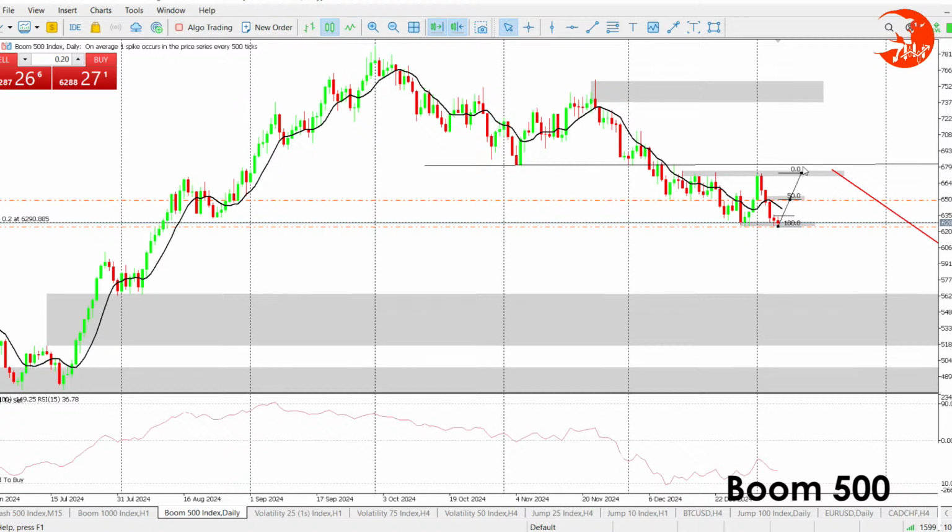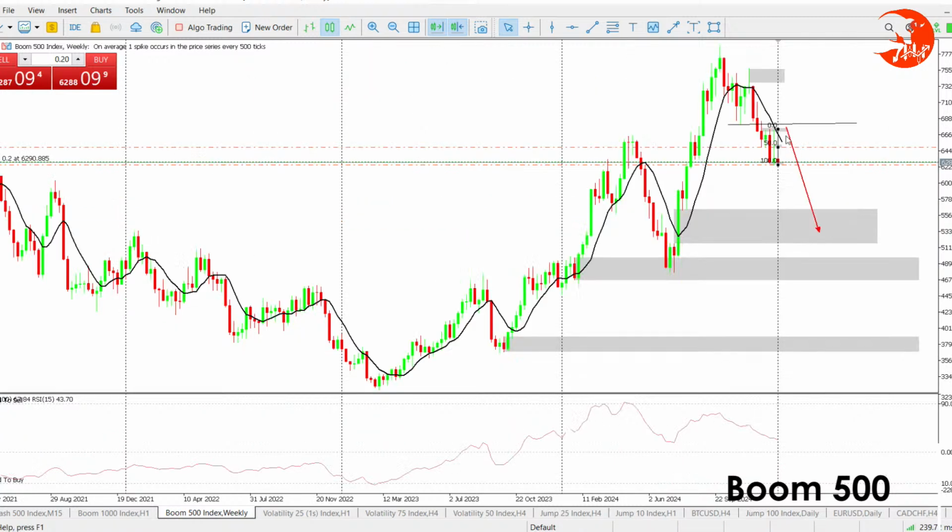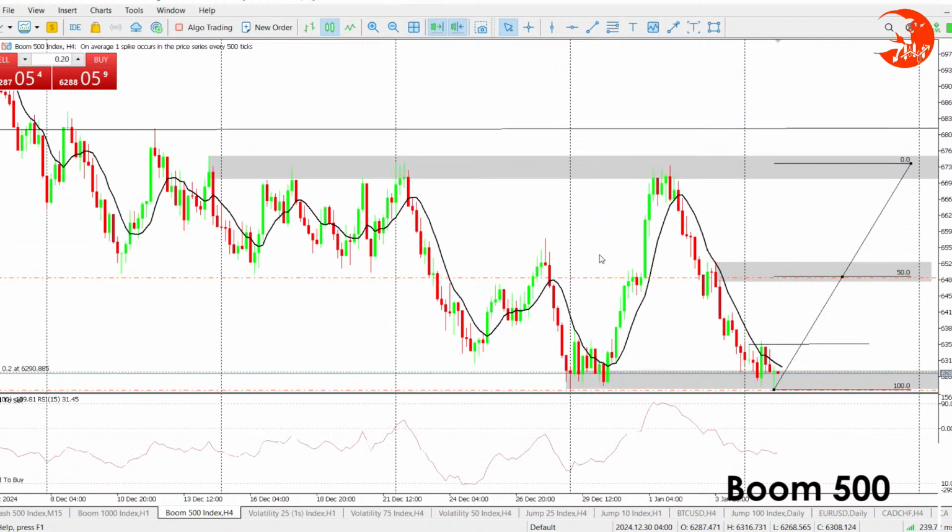Until we see that, we may not see any breakouts. But if we see enough momentum accumulated, we will see a breakout, and then we continue with the sells just like how we want them according to the weekly time frame. So that's it, a general overview of Boom 500.